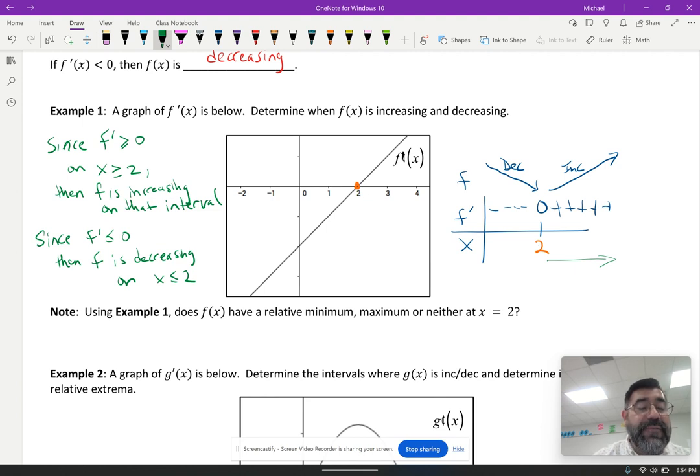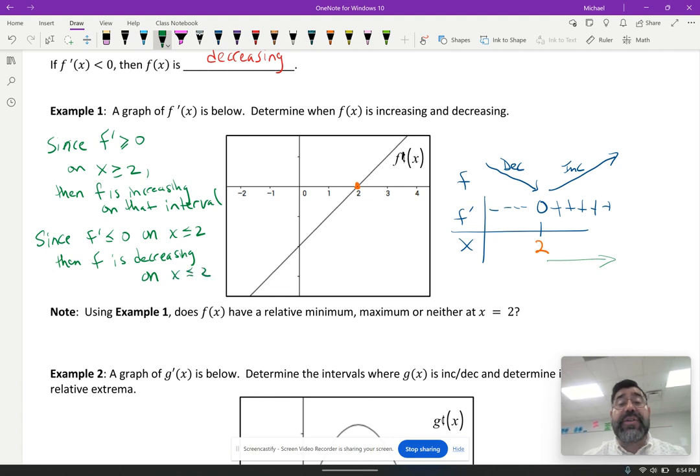I don't think I like that phrasing. I think I like the original one better. Since the derivative is negative on this interval, then f is decreasing on that interval, right? Maybe that's the better way to say it. Then f is decreasing on x less than or equal to 2.